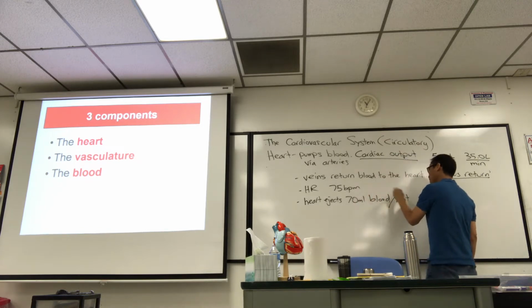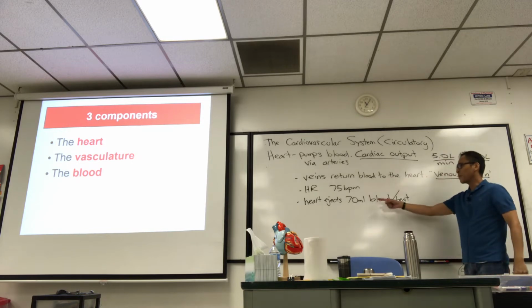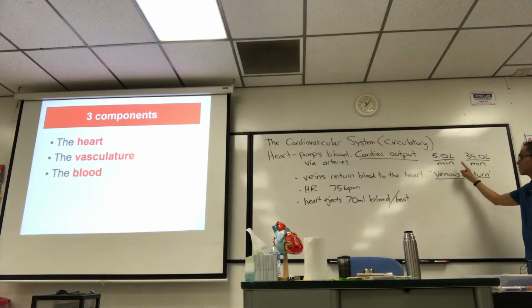So if you do the math, 75 beats per minute, 70 ml, it gets close to this textbook average, 5 liters a minute. They usually base these textbook numbers off the average person that's 5'10", 175 pounds, something like that. So just to give you a rough idea, that's what the heart does. And today we're going to learn the anatomy of it.